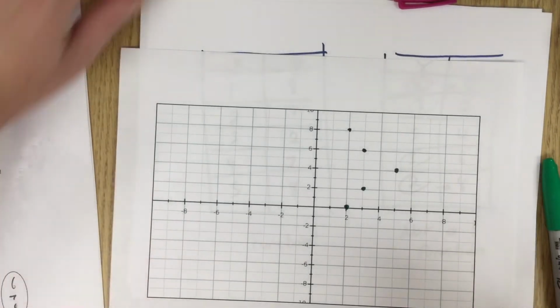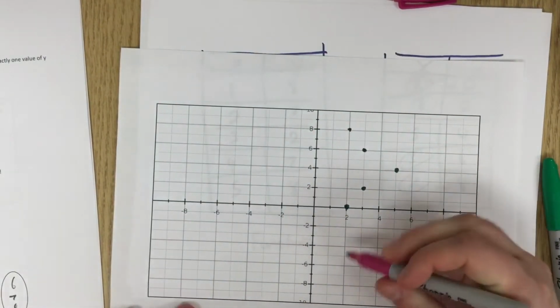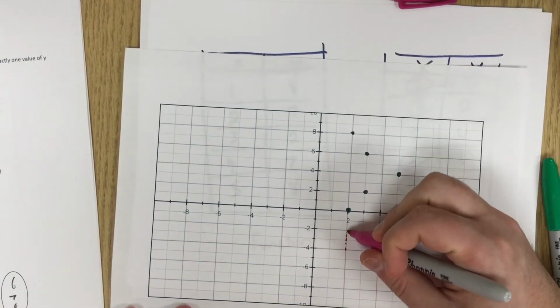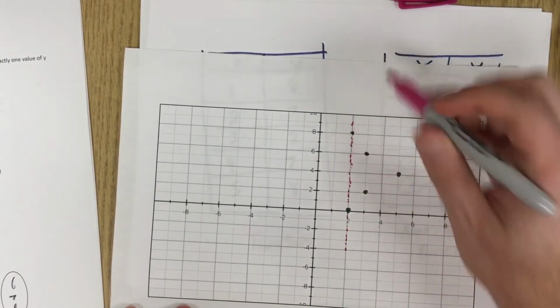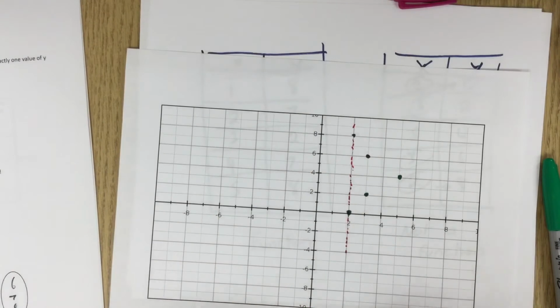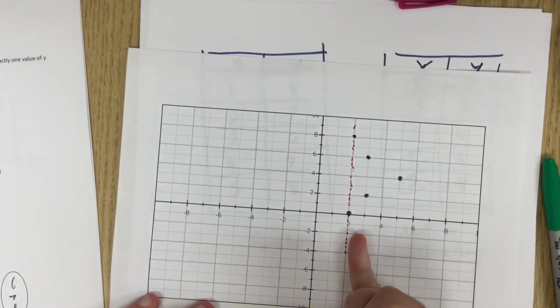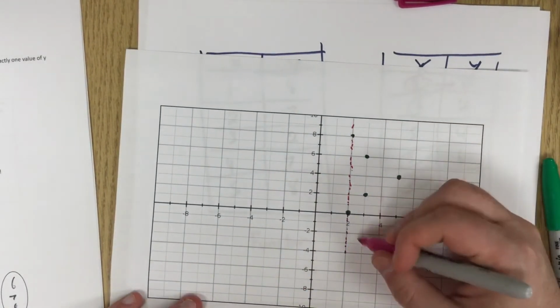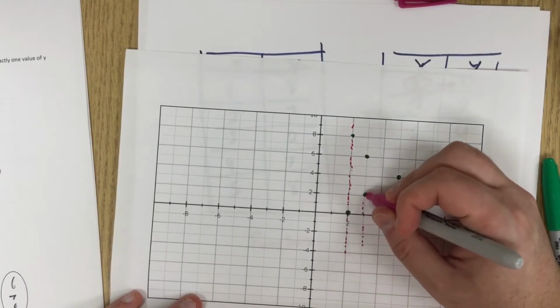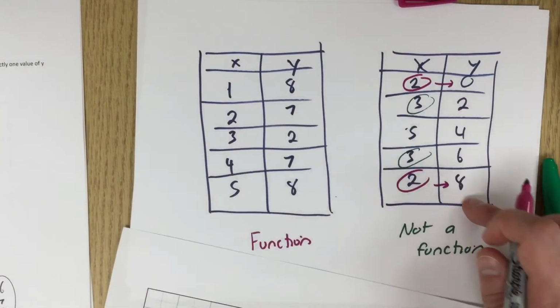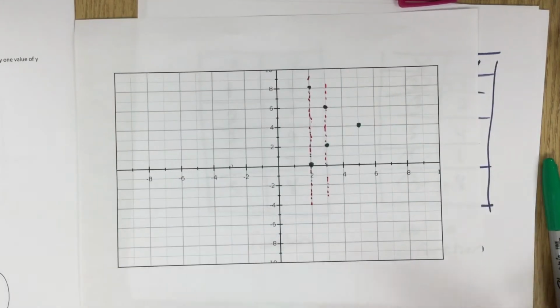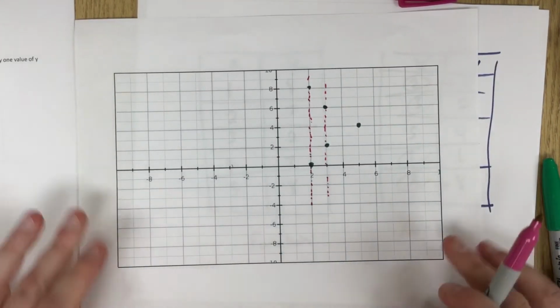If you look at these points, for a given value of x, say along this value of x over here, we notice that there's more than one dot. So the value of x has two values of y. Over here also, each value of x has two values of y, which is why this one is not a function.